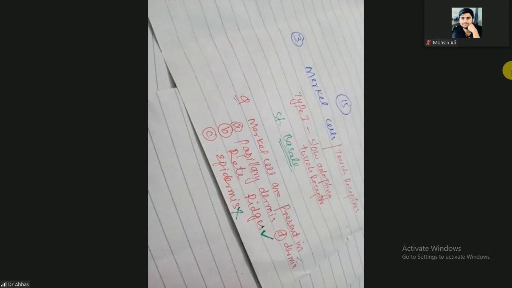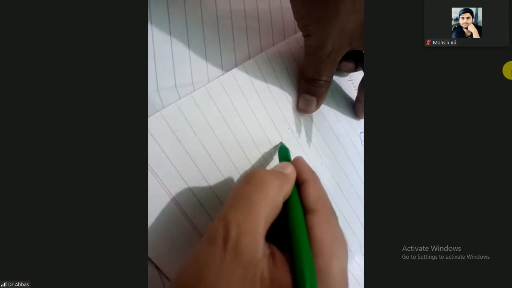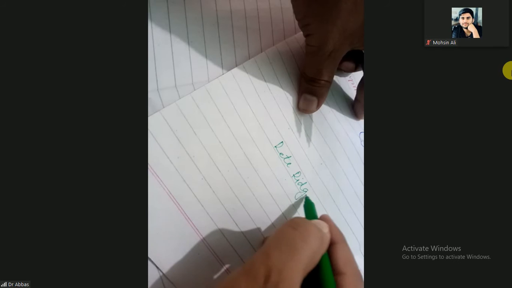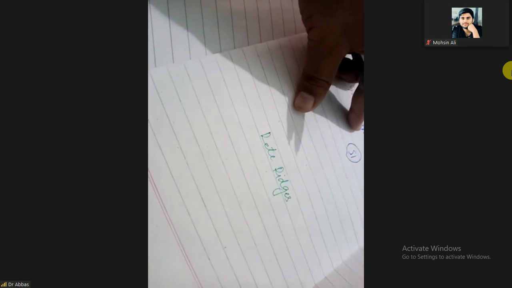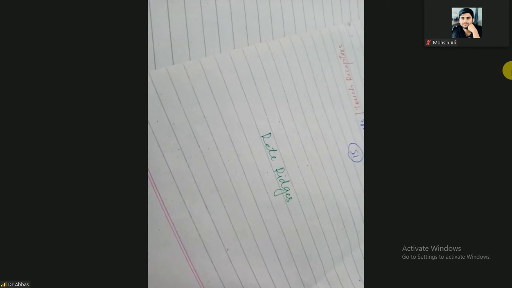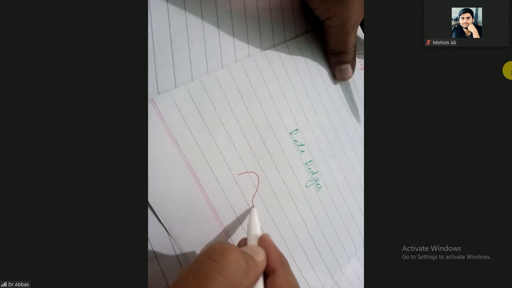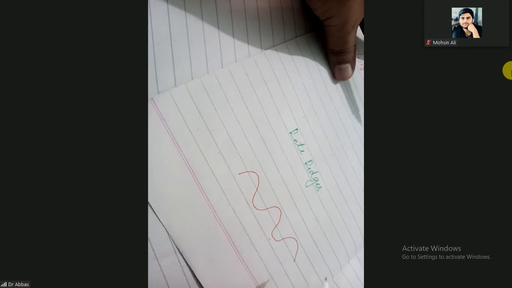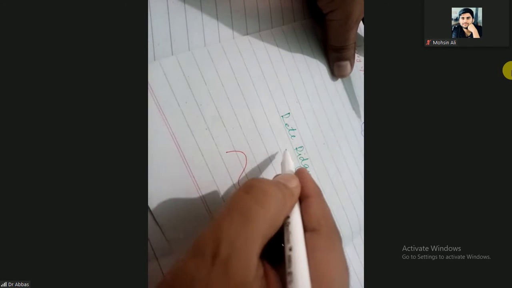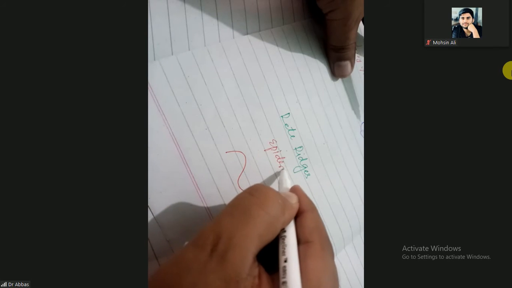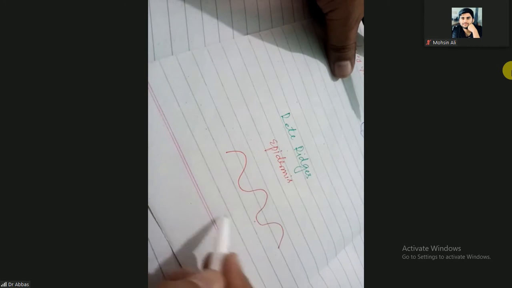So what are the rettiridges? I want to show you. In between the epidermis and dermis, there is this kind of part. The upper part is the epidermis and the lower is the dermis.